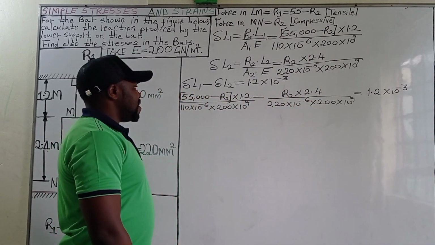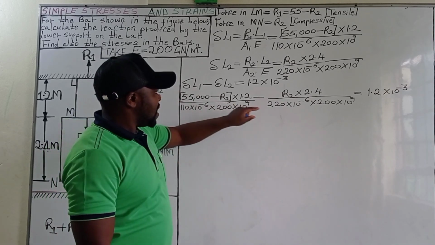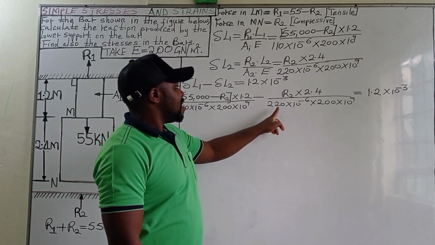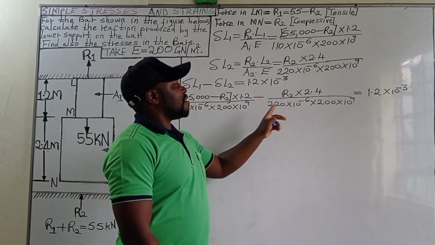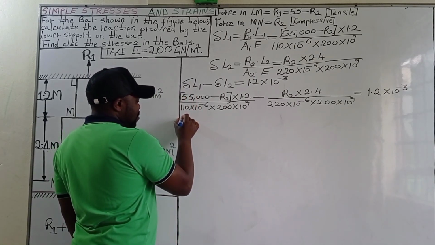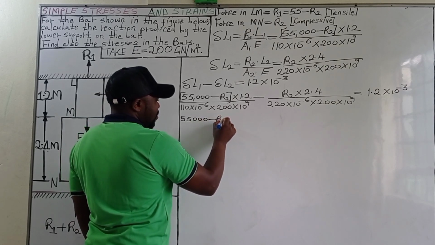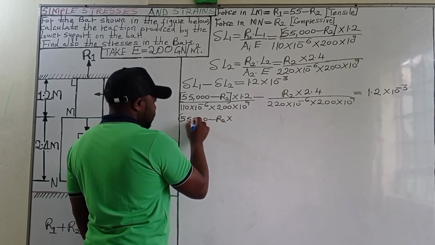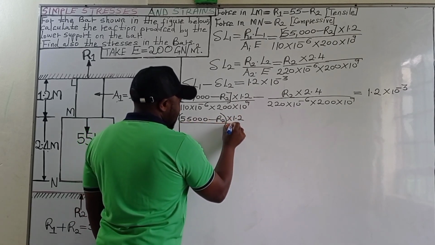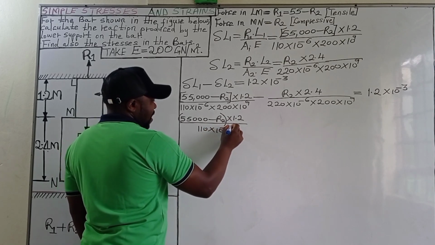So what we are going to do next, we are going to multiply everything here by the Young's modulus of elasticity so that we remove it from the denominators. So this is going to lead us to (55,000 minus R2) times 1.2 divided by 110 times 10 raised to the power of negative 6.